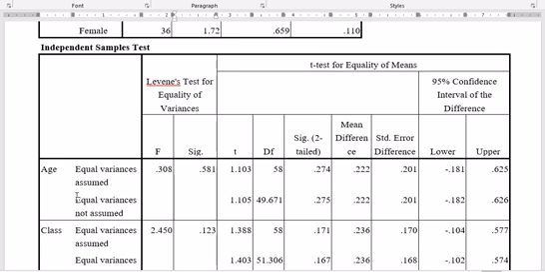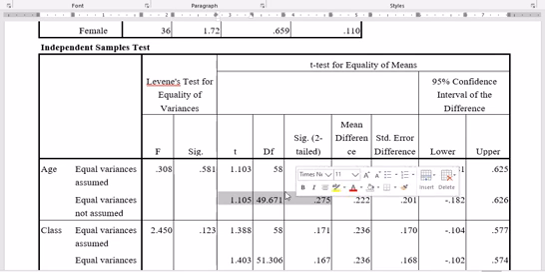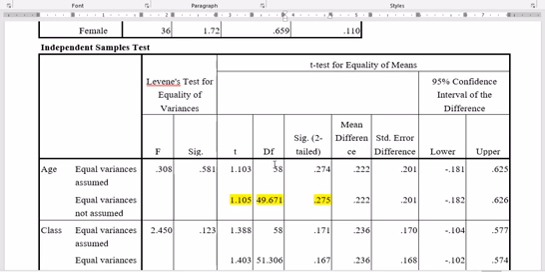Therefore, we pick equal variance not assumed. Our t-test under the age of independent sample t-test is this. That's it. Now, these are the degree of freedom, DF, and our significance level.